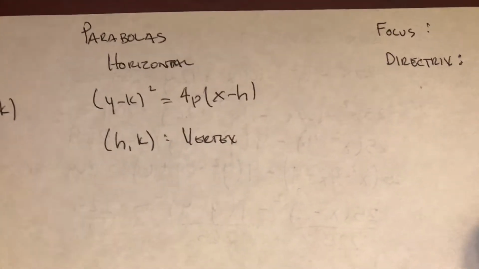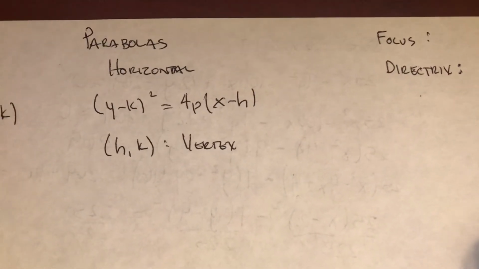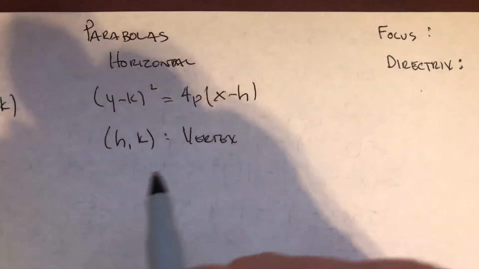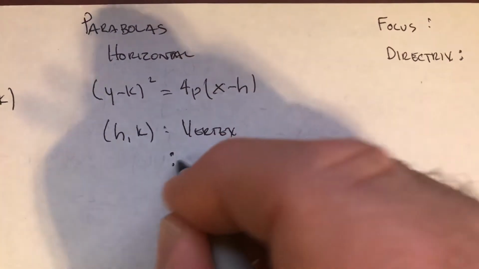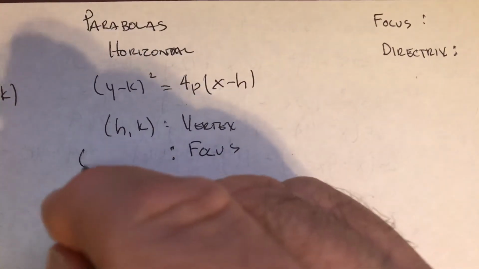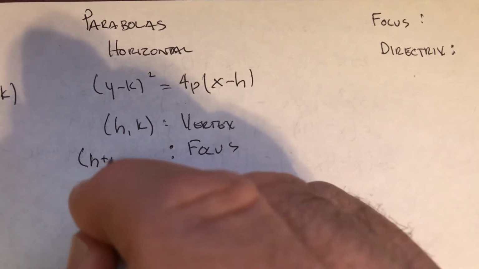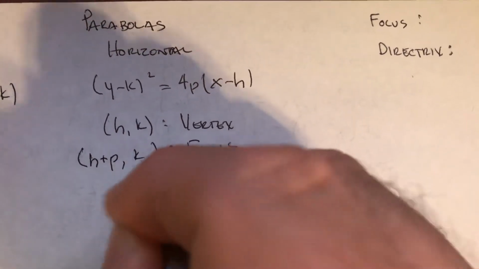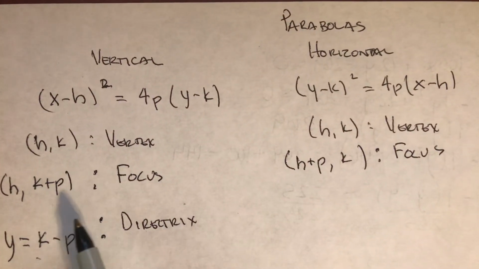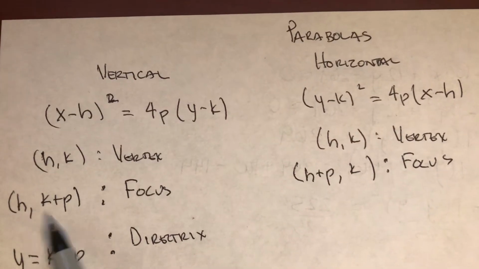With a horizontal parabola, same idea. The only difference is my focus. See the difference here? My focus was (h, k plus p).